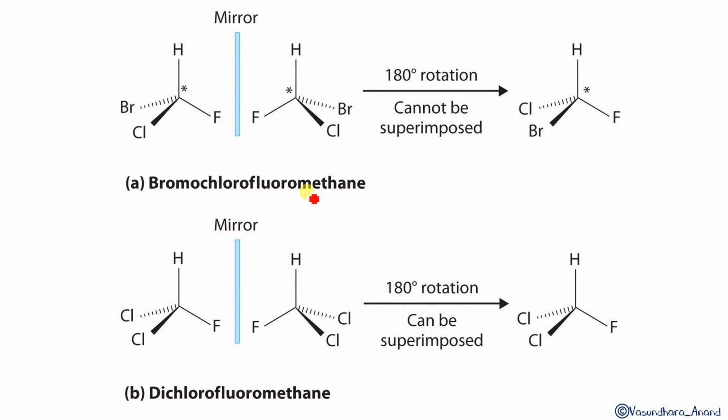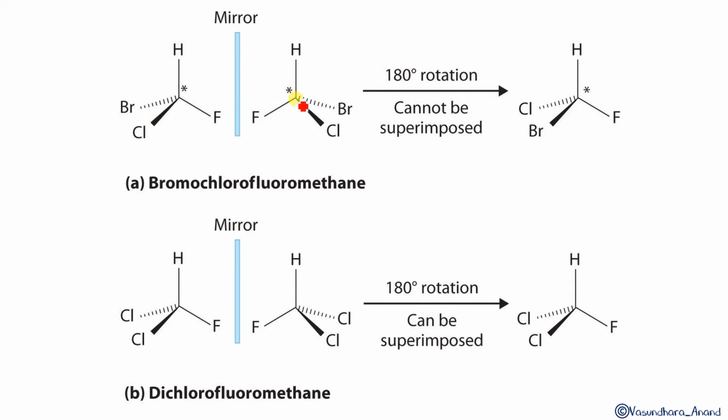Let's move to a few more examples. So see, this is bromochlorofluoromethane. If I draw the structure, I will get it like this. And the mirror image, if I take it, these two will come over there. Here bromine is in the dash and chlorine is in the wedge. This chlorine is towards you and bromine is away from you.